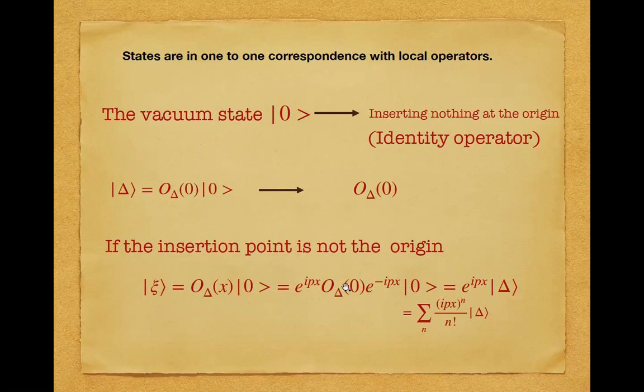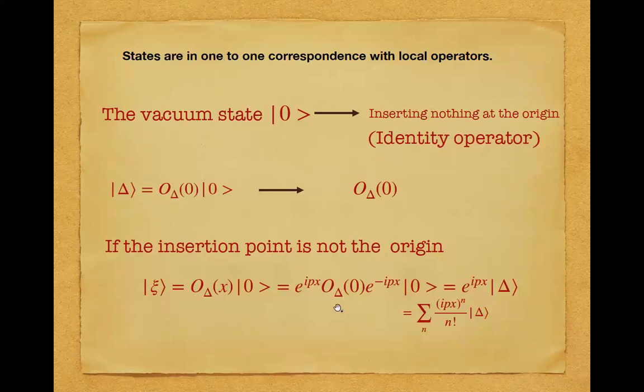Then O delta 0 acts on the vacuum, and that gives you the state delta. And then e to the power iPx acts on delta, and I can expand this operator as (iPx) to the power n by n factorial, the usual expansion of exponentials, and those will act on the state.